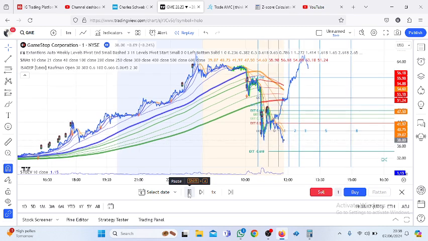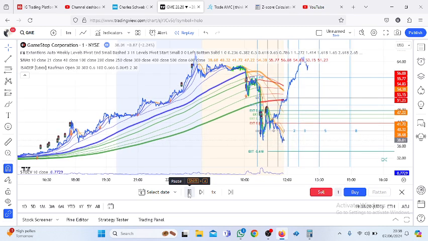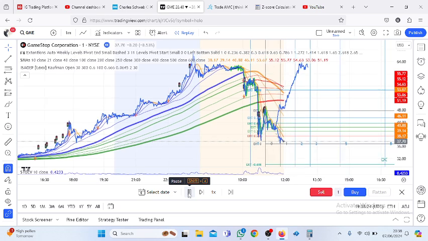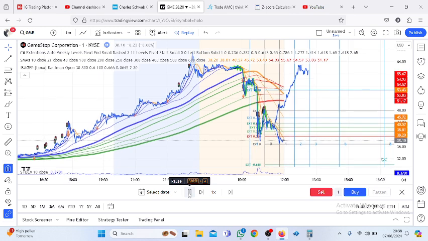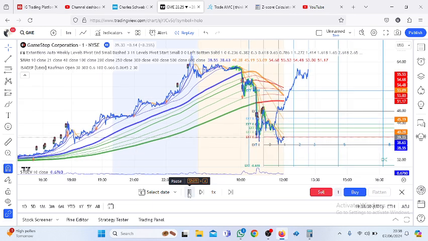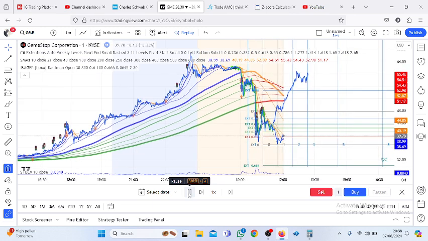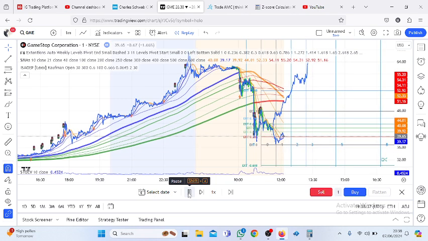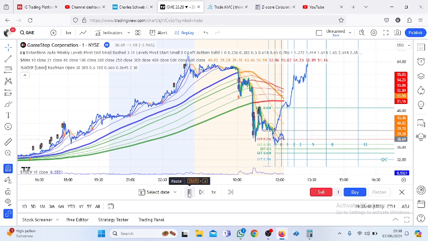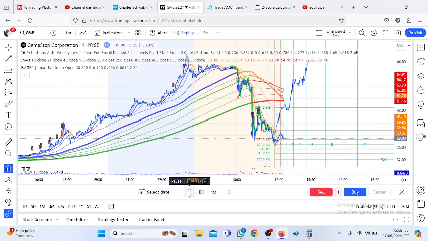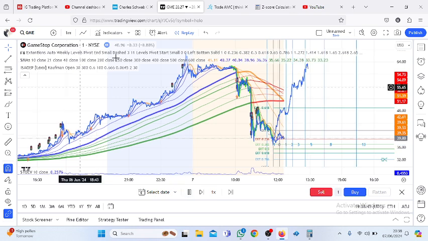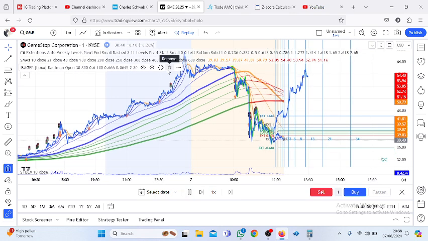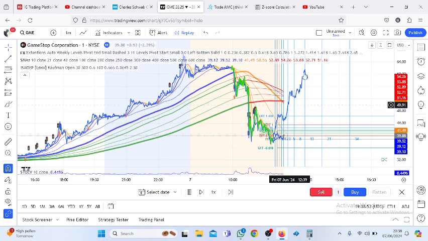It's printing lower prices, declining. Let me remove this extrapolation of the price, or do I leave it? This is the extrapolation of the price.